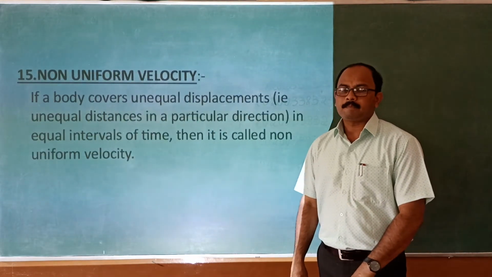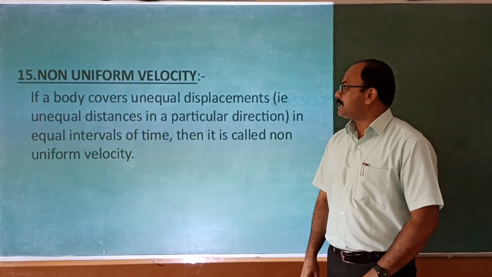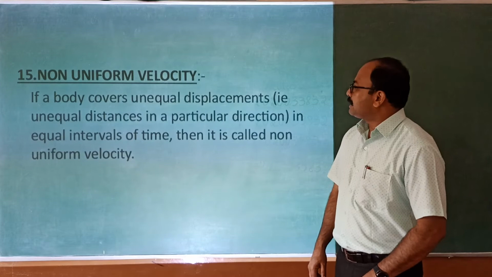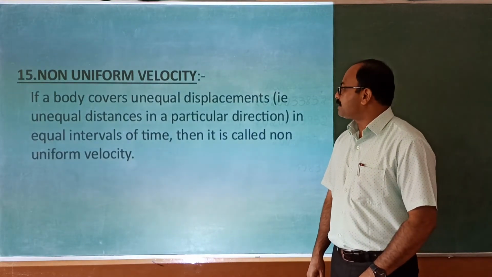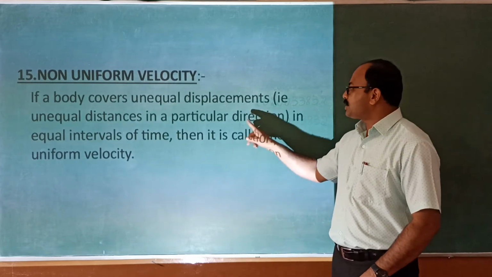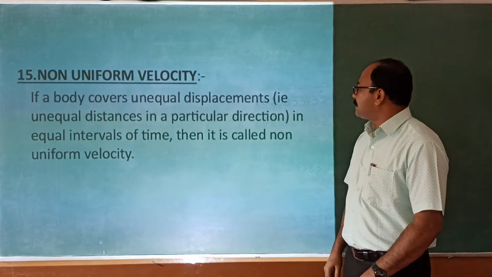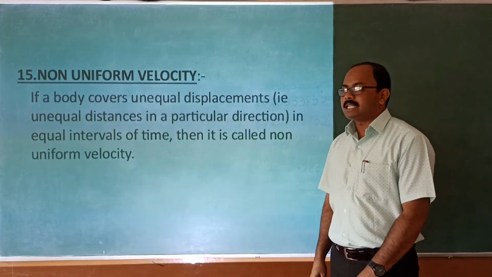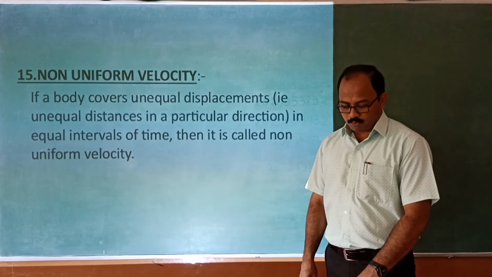Non-uniform velocity: if a body covers unequal displacements, that is, unequal distances in a particular direction. Direction is to be mentioned because it's velocity. If a body covers unequal displacements in equal intervals of time, then it is called non-uniform velocity.